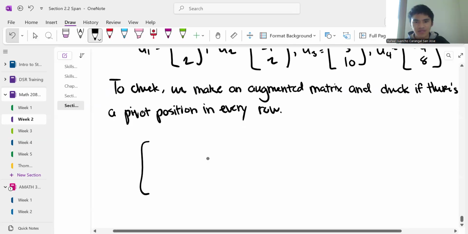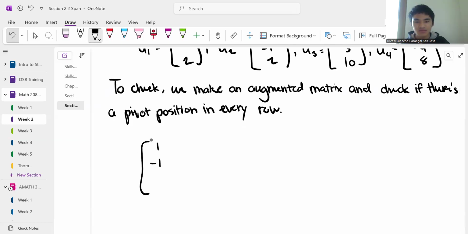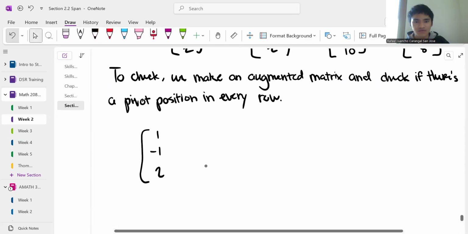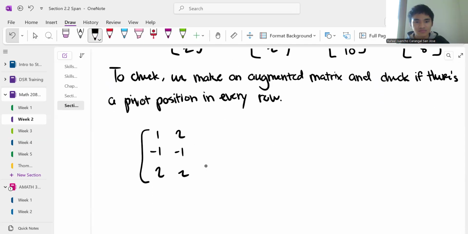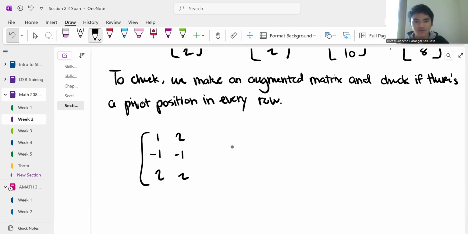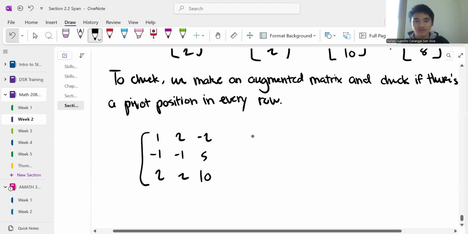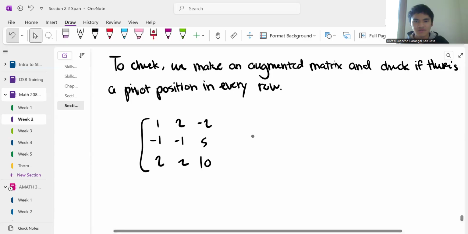So here I make an augmented matrix, or not necessarily an augmented matrix, I make a matrix. 2, -1, 2, -2, 5, 10, 3, -4, 8.